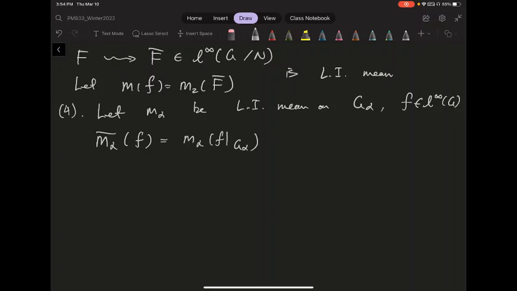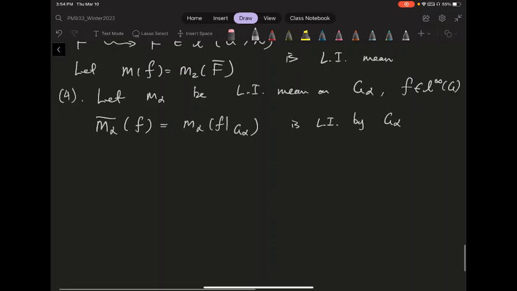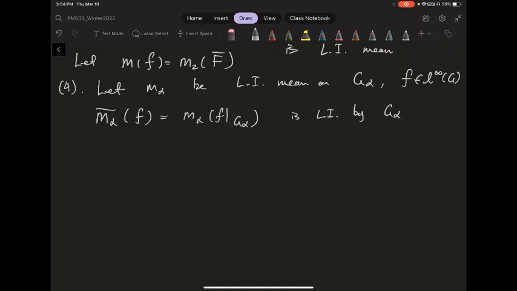So this is going to be left invariant by translations in G alpha. It's not left invariant by the entire G yet, but it is invariant by a set G alpha, and we know the union of these G alpha is going to be the entire thing.